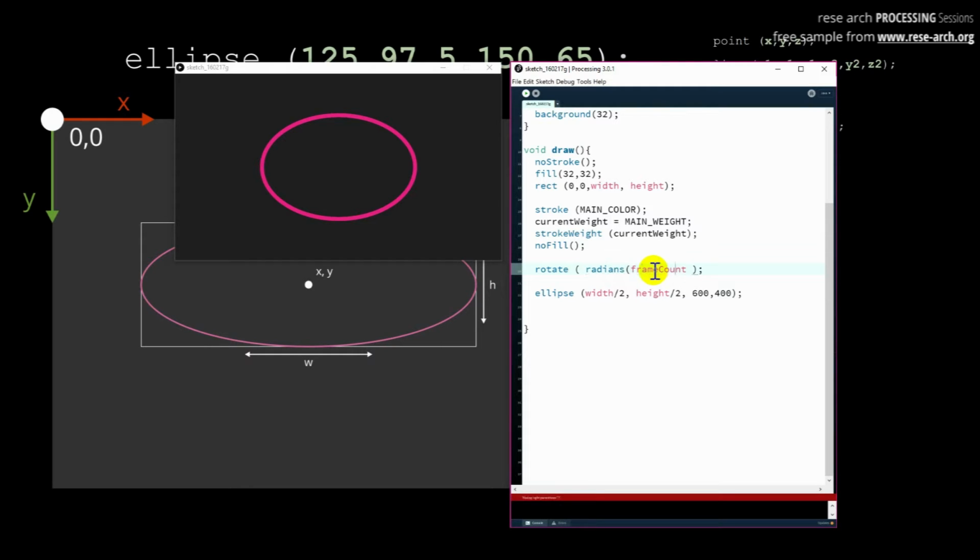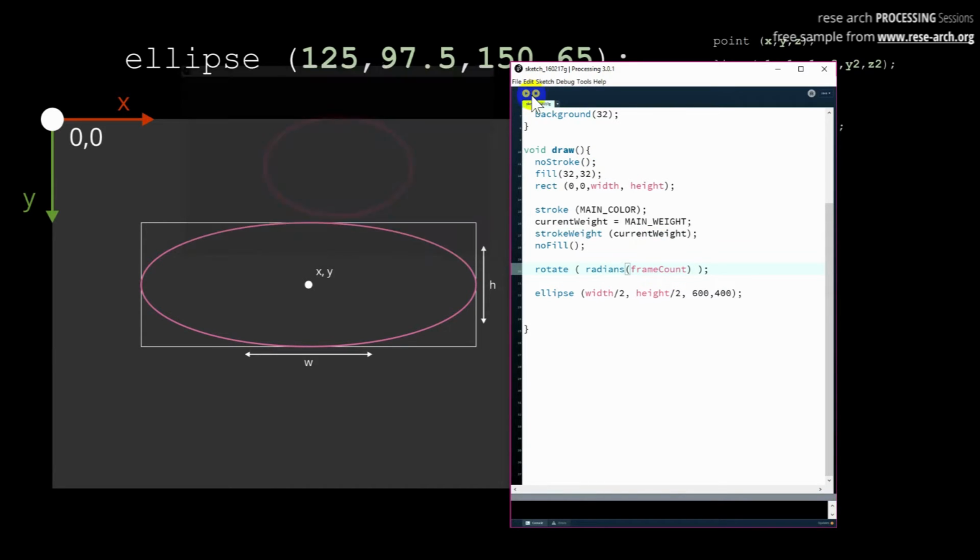So I'm converting the frame count to radians. The problem here would be that, no, there is no problem really, because the matrix resets automatically at the end of the draw function. The matrix resets, the style doesn't reset.